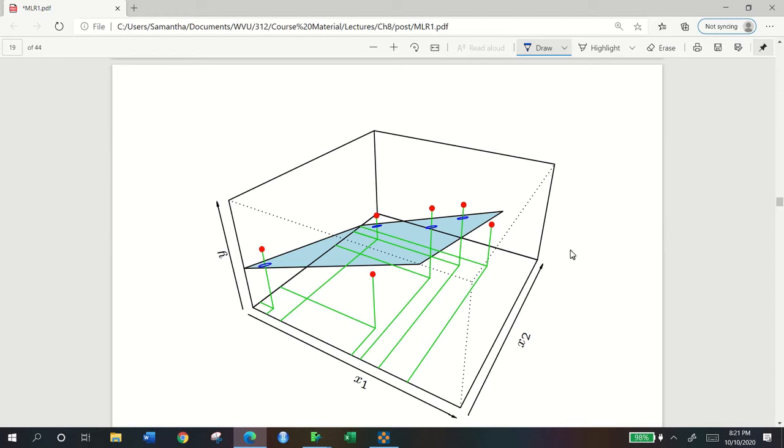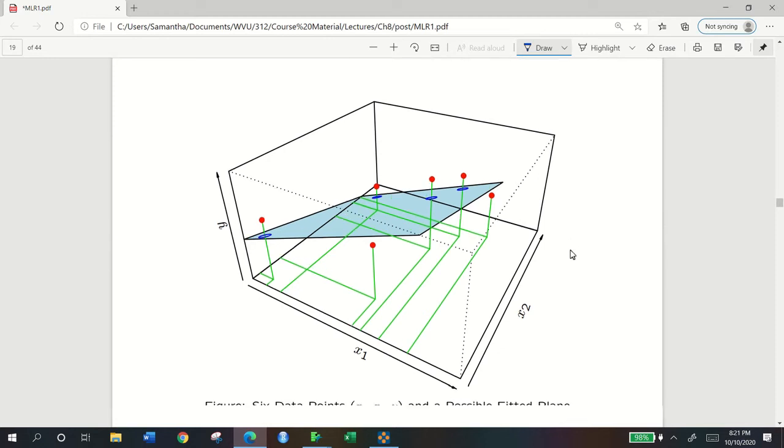And the same concept as we used before, we're going to try to jiggle this paper so that it is as close as possible to our floating orbs, so that the distance between the orbs and our piece of paper is as minimized as possible, or least.